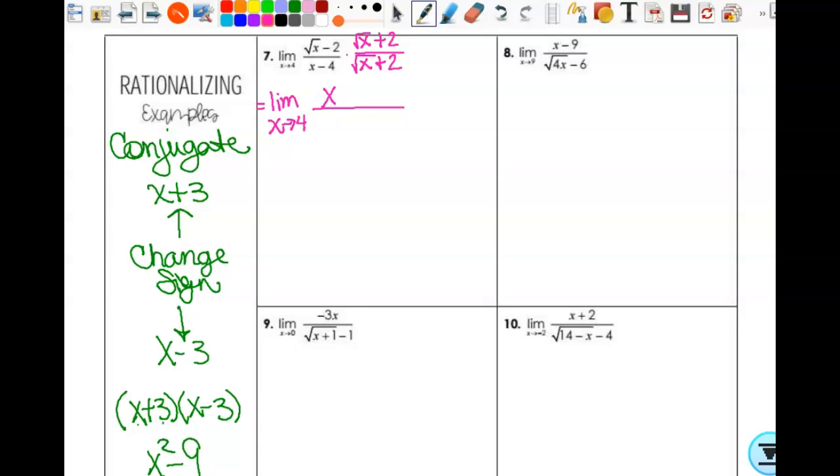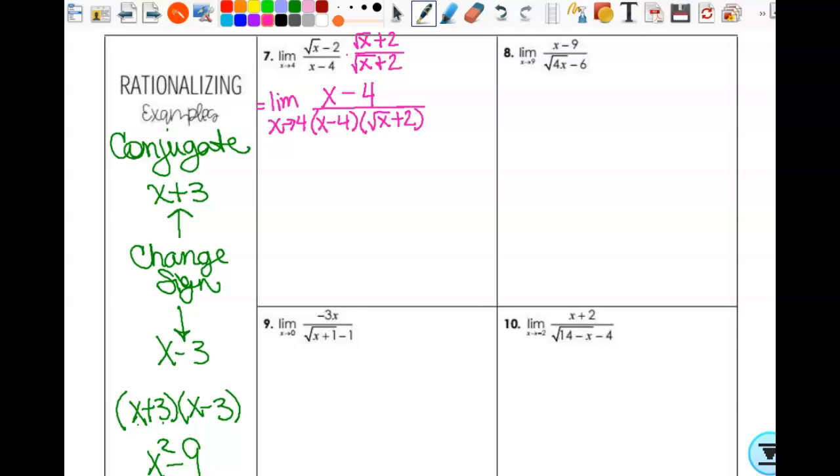Then minus, and I square the 2, I get 4. In the denominator, yes, I'm multiplying them together, but I don't have to actually distribute things out because I actually want it factored. So this gives me x minus 4 times the square root of x plus 2. See how that worked out nicely?